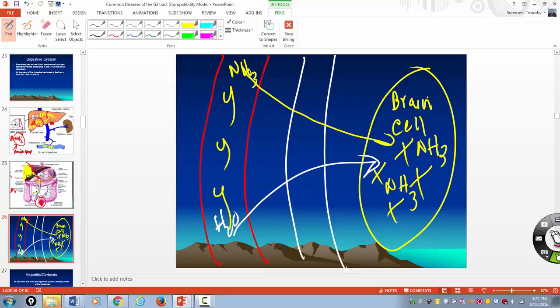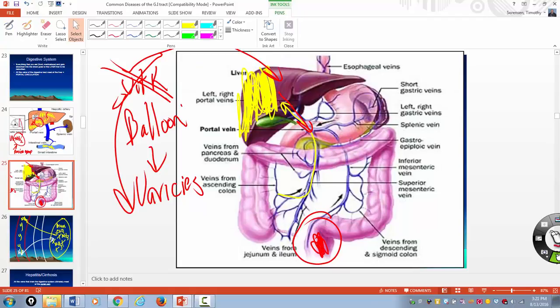However, one of the treatments, and it's not a curative treatment, it's palliative, meaning that it just kind of helps the person out, is you got ammonia in the blood here, so they will give them this stuff called lactulose. Lactulose is basically fiber.